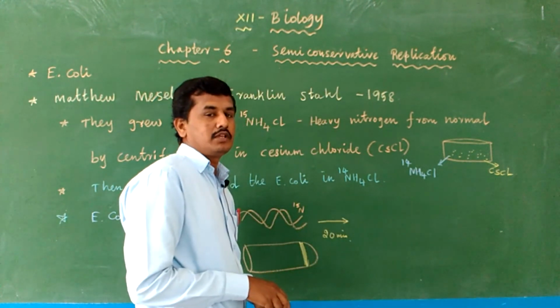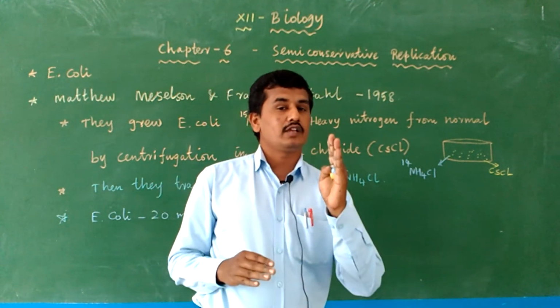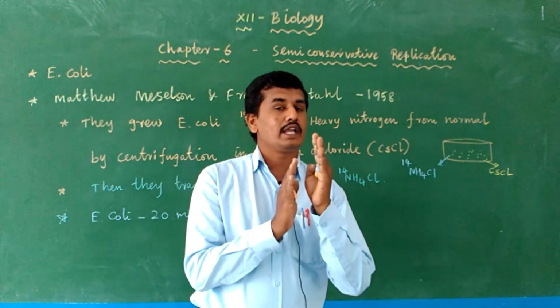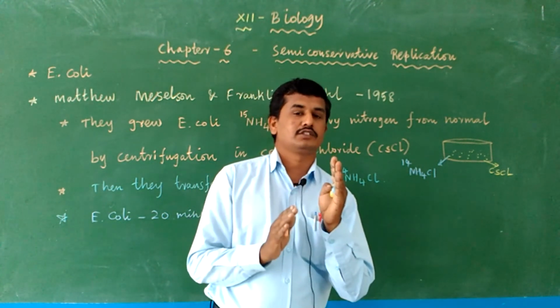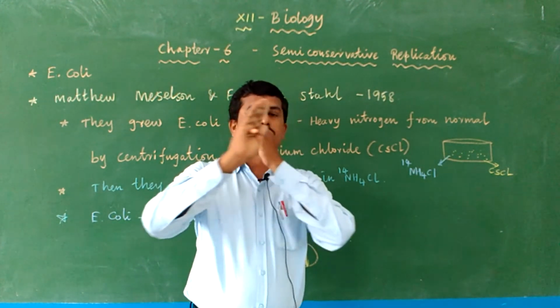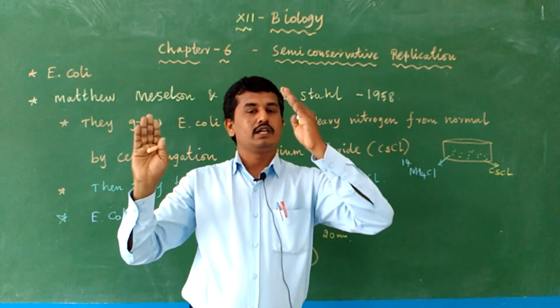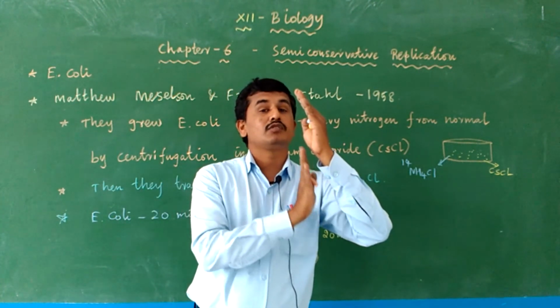Next generation means, as we know, one DNA strand is the parent DNA and one is newly synthesized DNA. Due to the replication procedure, the two strands of the parent DNA separate, one acting as a template and the other newly synthesized.